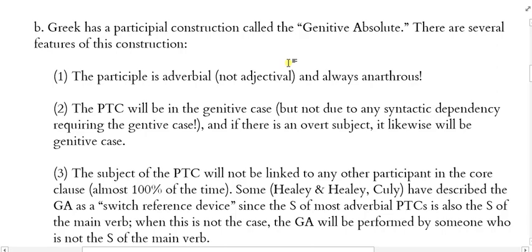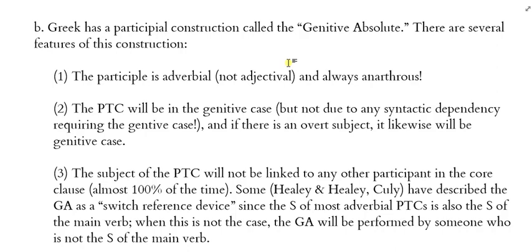If we wanted to pluralize it, the word absolute is an adjective, so we don't pluralize that. We would actually pluralize the noun genitive. So these are genitives absolute. All right? Now, what are some features of the genitive absolute construction first, and then we'll look at some examples. Number one, the participle that will be in a genitive absolute construction is adverbial, not adjectival.